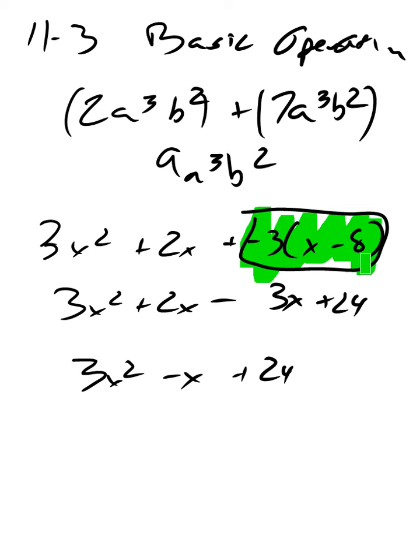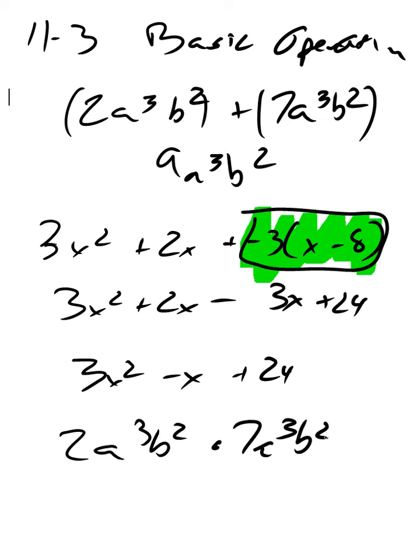This also talks about multiplying binomials, and we would use the FOIL method. But before we do that, let's talk about how you would multiply some of these things together. Let's say we've got the same numbers: 2a cubed b squared times 7a cubed b squared.